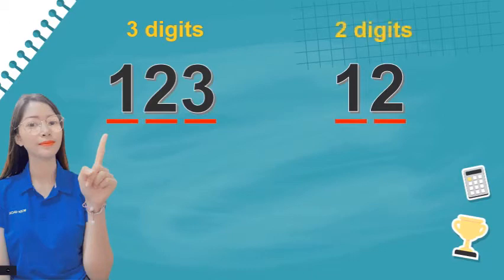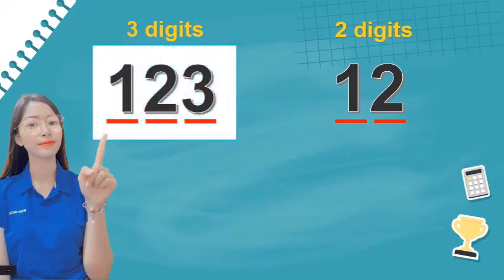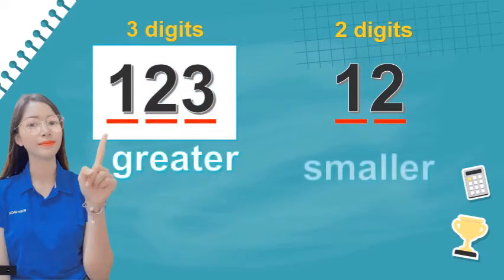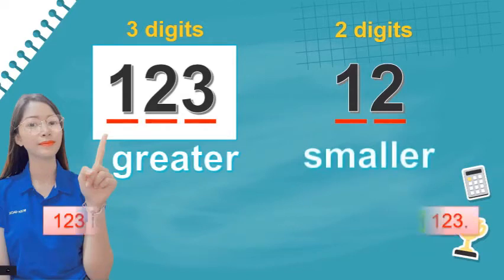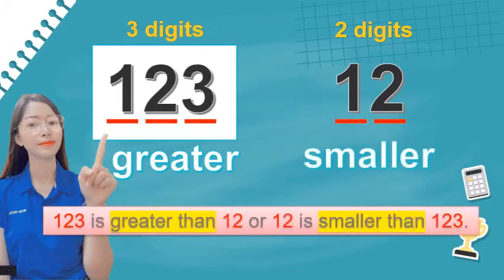Now if you look at it, which one has more digits? Yes, you're right. It is 123. So 123 is greater and the number 12 is smaller. Therefore, 123 is greater than 12.